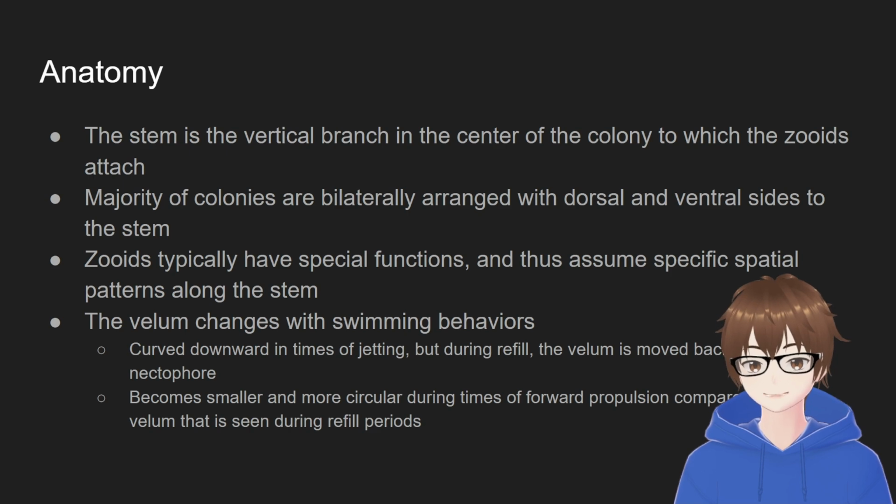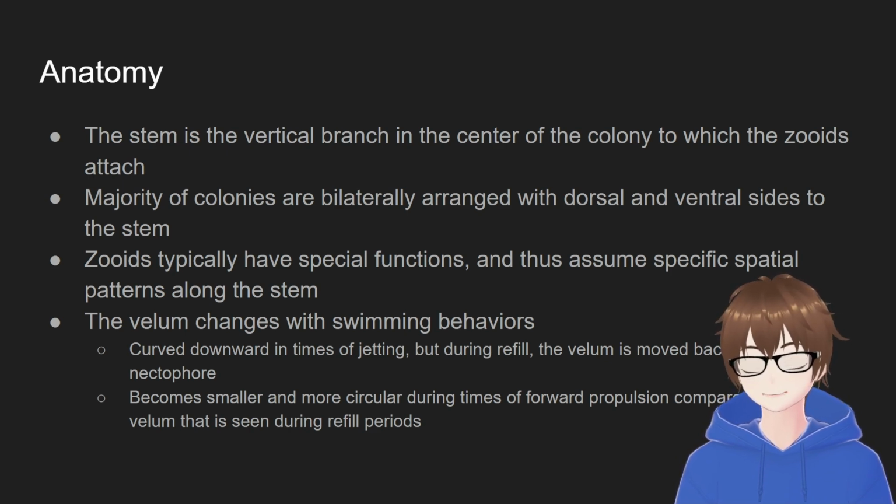Then the zooids typically have special functions, thus they assume specific spatial patterns along the stem. So some might just be made for digesting food, some might be for movement, and others are for reproduction.